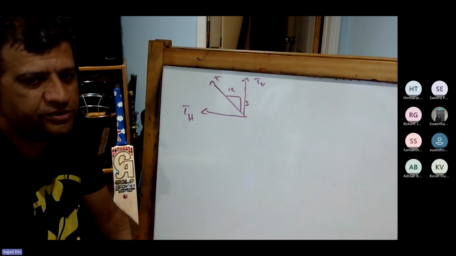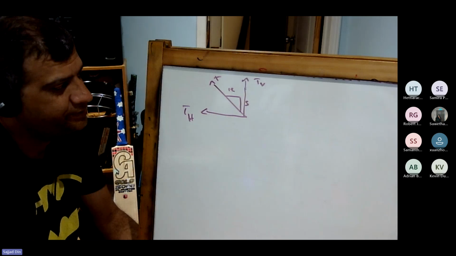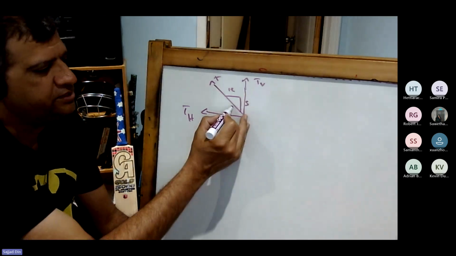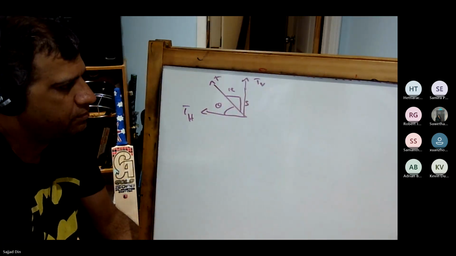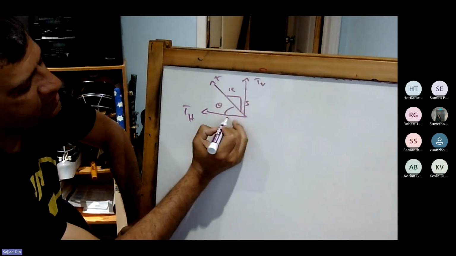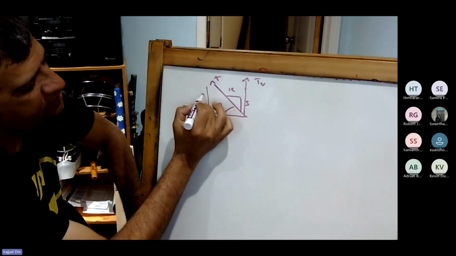And what we're trying to do is determine what T is based on this information given. So let's see if we use theta here. Or maybe we use theta over here. So this would make this 5, this 12, this would be 5.